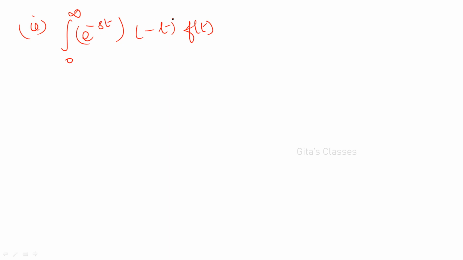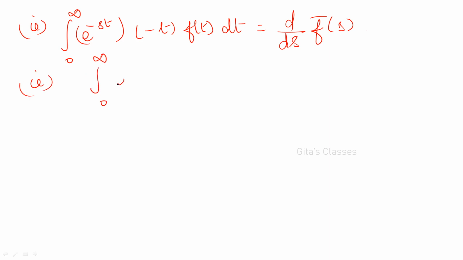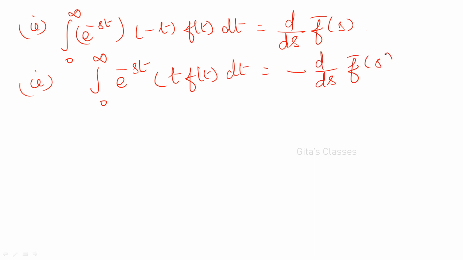You have minus t with that, into dt is equal to d by ds of f bar of s. That is integral 0 to infinity e power minus st, this minus I can take outside to the right hand side. So t into f of t dt is equal to minus d by ds of f bar of s.